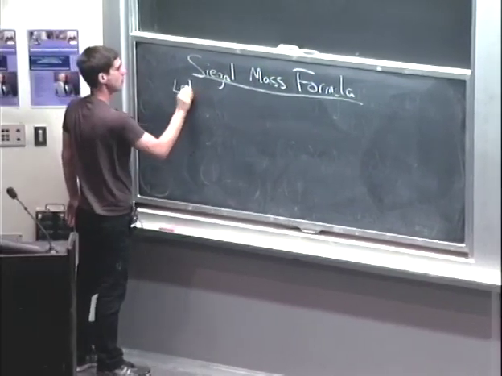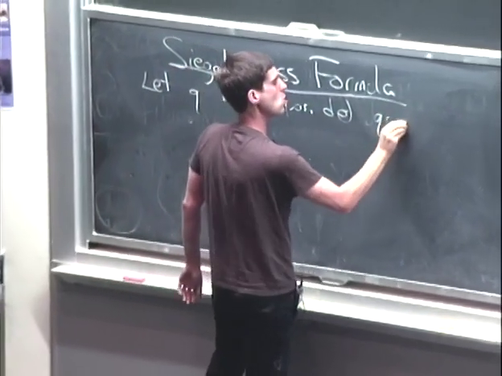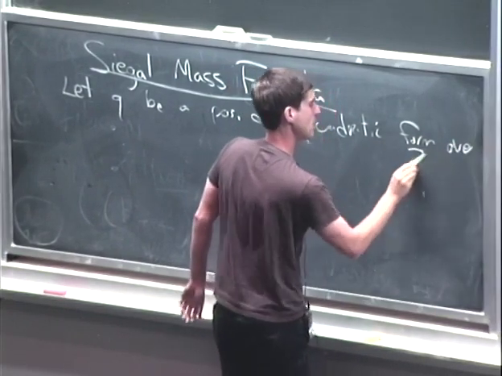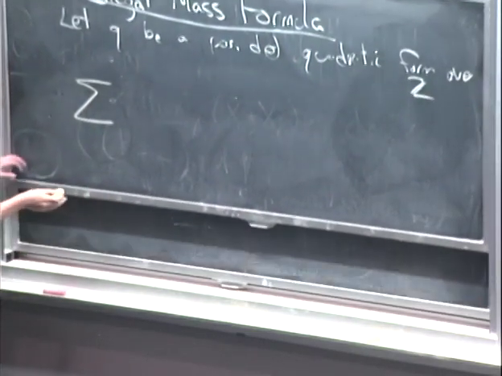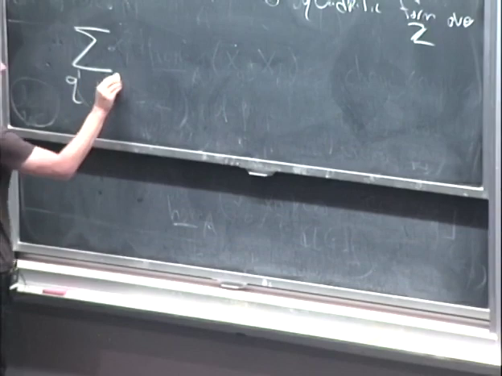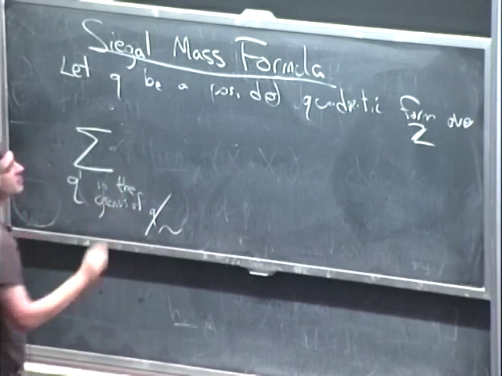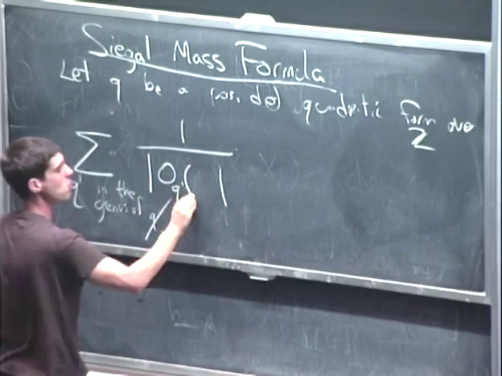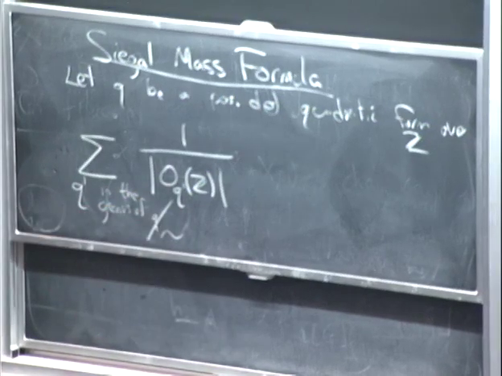So let Q be a positive definite quadratic form over Z. Well, you take the sum over all Q prime in the genus of Q, up to equivalence, of 1 over the size of that automorphism group, 1 over the cardinality of that finite group, which preserves the quadratic form Q prime.